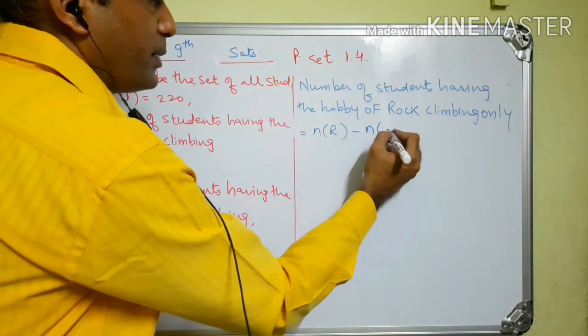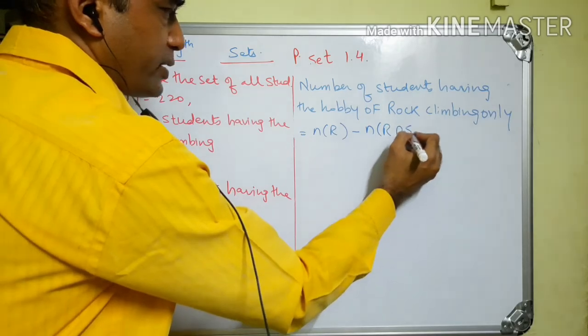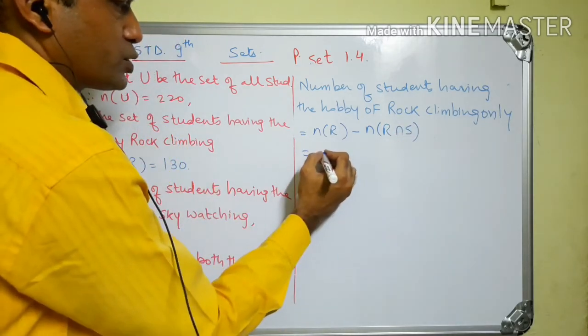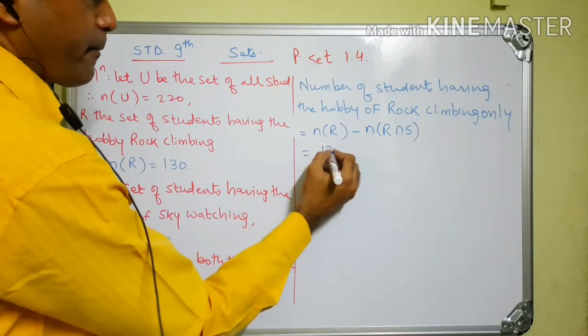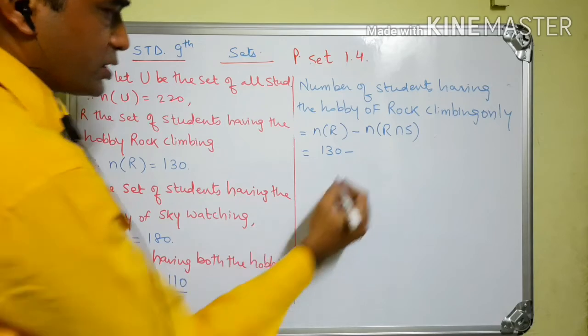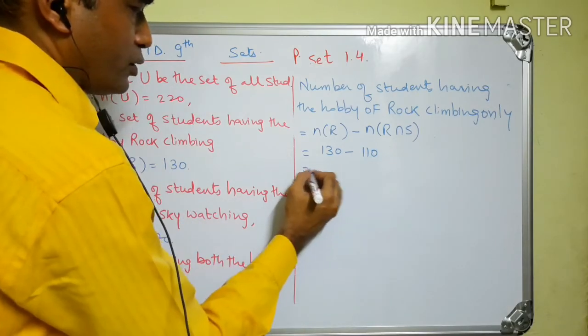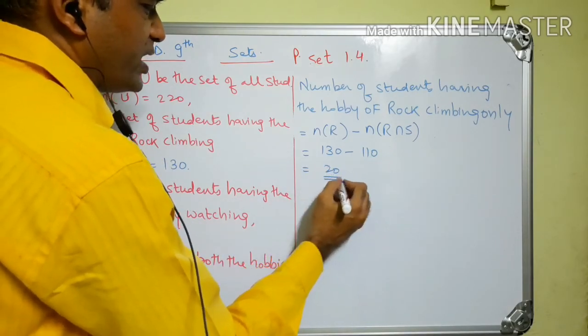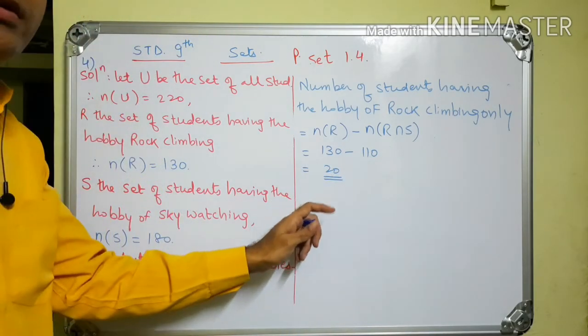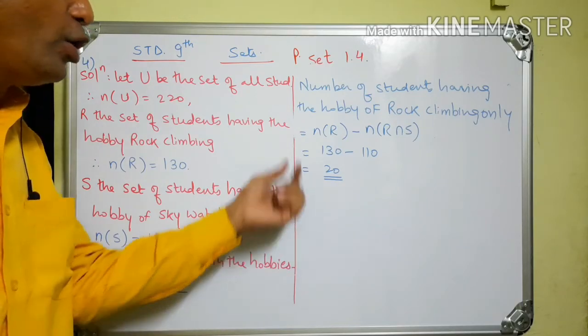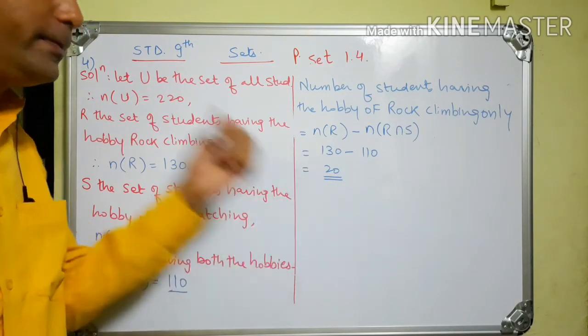So n(R) minus n(R intersection S) equals 130 minus the intersection 110. So this is equal to 20. So 20 students have the hobby of rock climbing only.